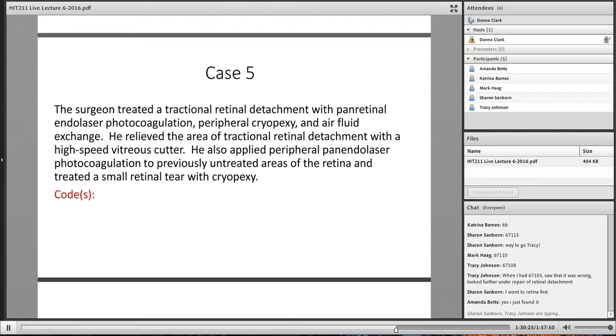Basically, the retina comes apart from the choroid. It could be a partial or total retinal detachment. And we chose 67108, and it did include the vitrectomy, because it used a vitreous cutter. So all that was included. So we didn't need but one code. Everybody see that? 67108.